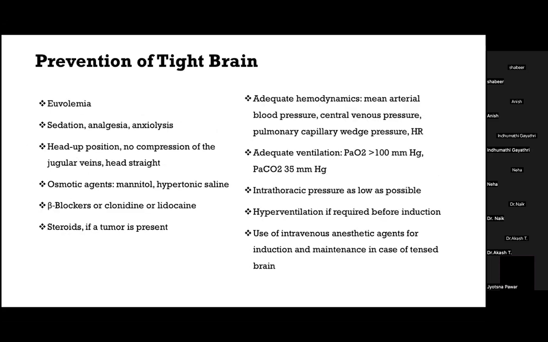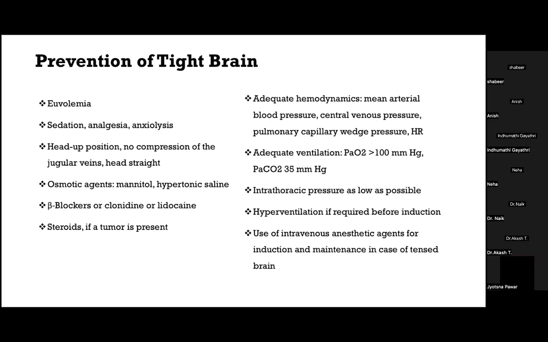So how do you prevent tight brain? By maintaining euvolemia, sedation, analgesia, anxiolysis, head up position, no compression on the jugular veins. Osmotic agents like mannitol or hypertonic saline can be administered. Beta blockers or clonidine or lignocaine to maintain the hemodynamics. If there is vasogenic edema, steroids.